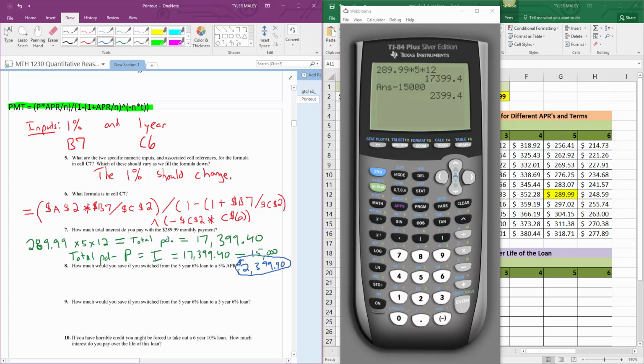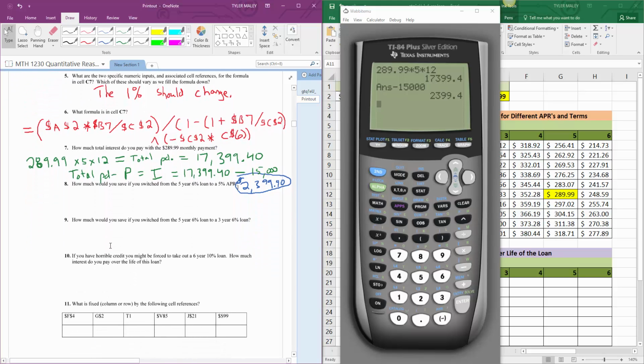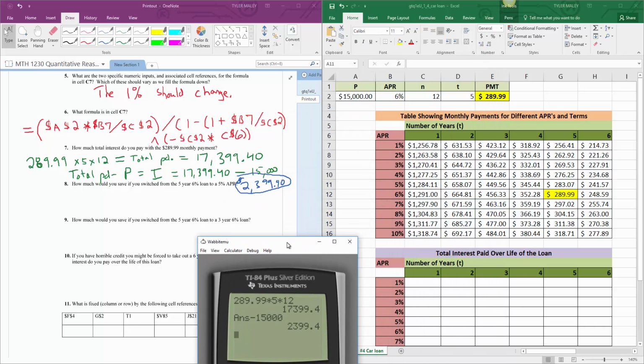So then question 8 says, how much would you save if you switch from the 5-year 6% loan to a 5% APR? So we're keeping the same time. So we're just thinking if I switch from the 5-year 6%, which is the box I've highlighted, to a 5% APR.